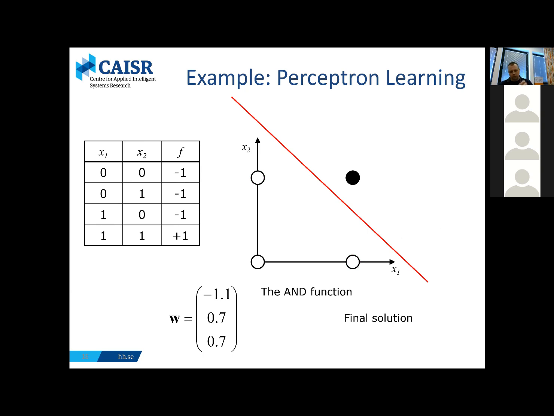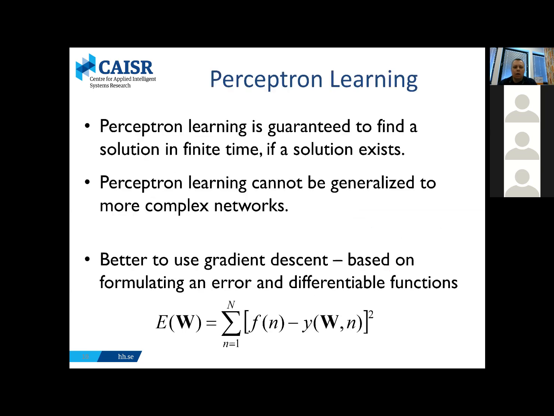So that's a very, very simple way of learning. You take a very simple unit like a perceptron, you do a very simple update based on one example at a time. And the idea is that after a number of such steps, you will end up with the correct function. There are some nice things about perceptron, but there are also some problems.